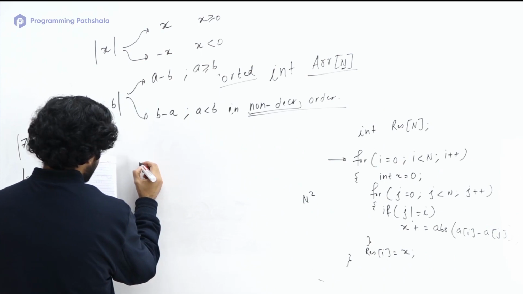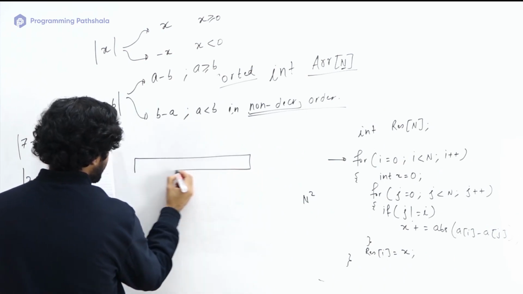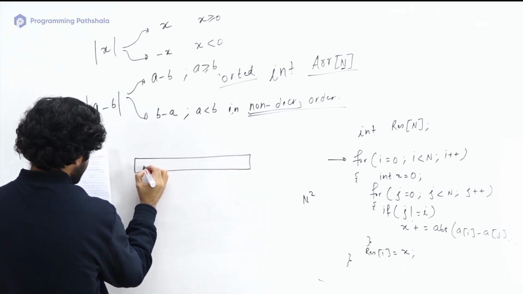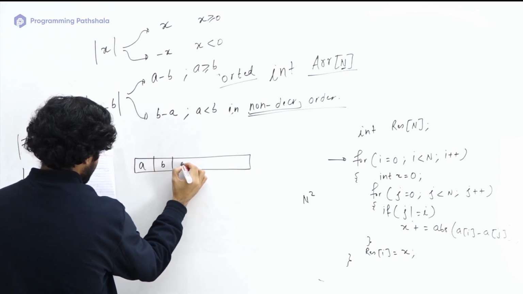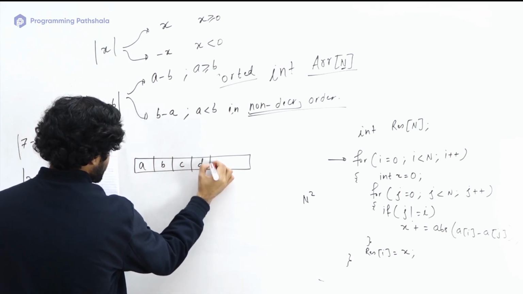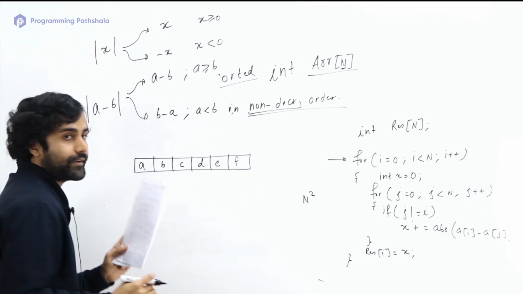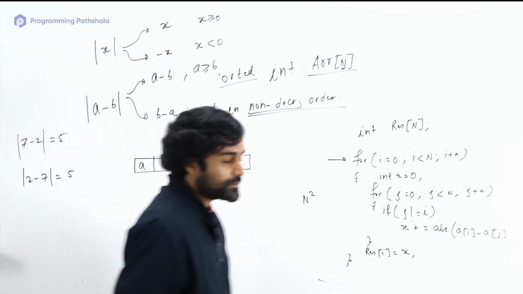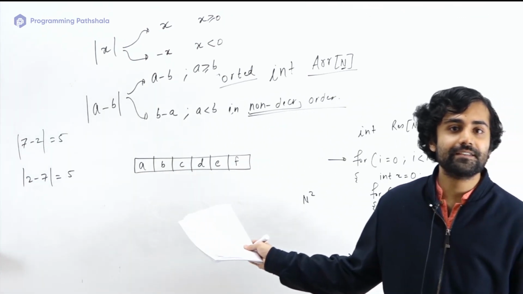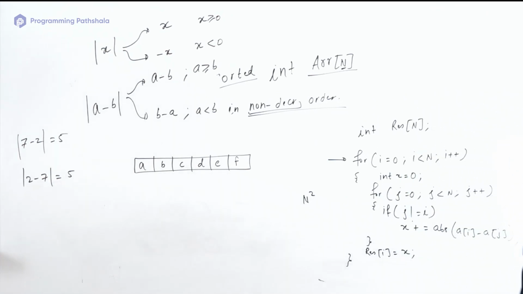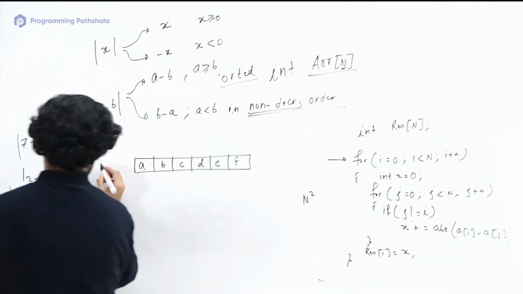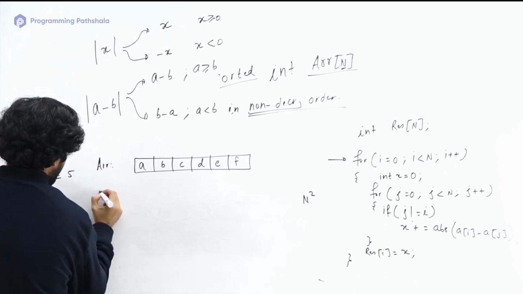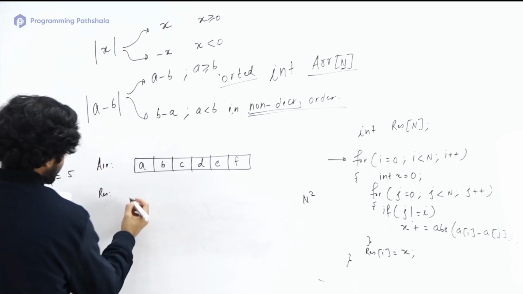So let's say this was my array, okay? Now focus on the board. Everyone should look here. Now this array is sorted in non-decreasing order, right? So let's say this is your original array, and now you want to build your result array.